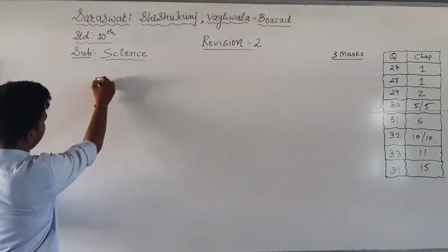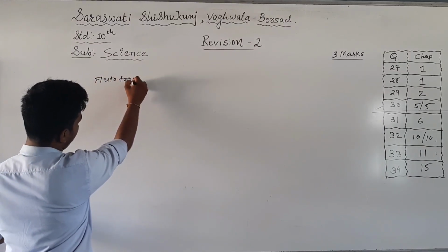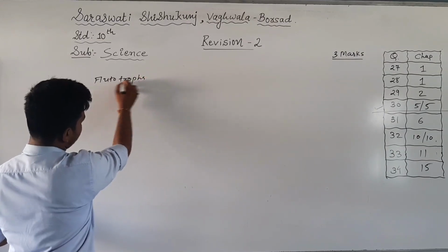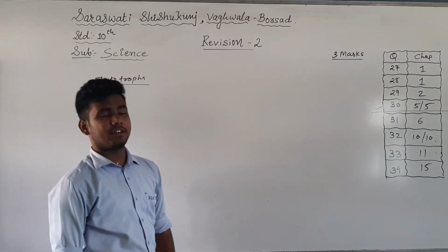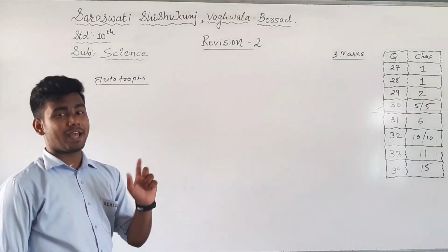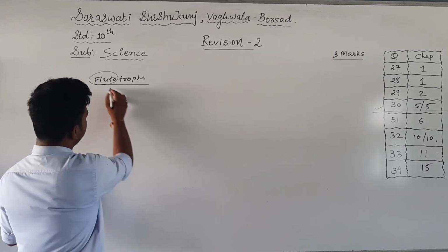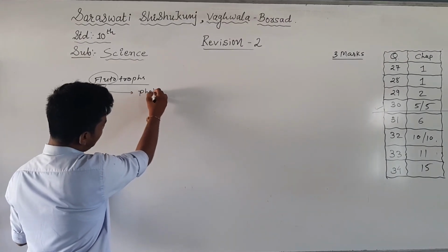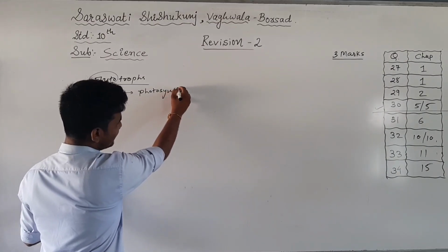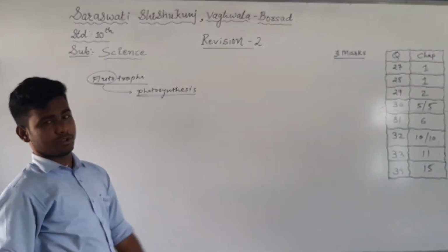As we have studied, what are autotrophs? The plants or blue-green algae which can prepare their food by themselves with the help of the photosynthesis process. So they are called autotrophs.